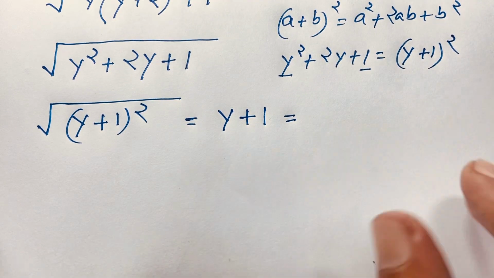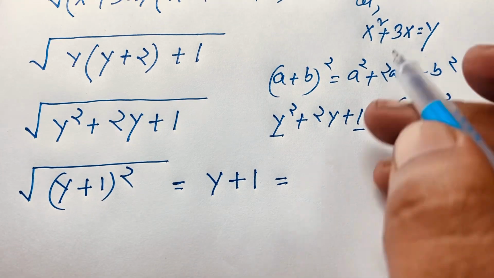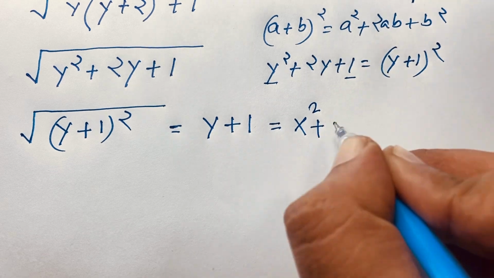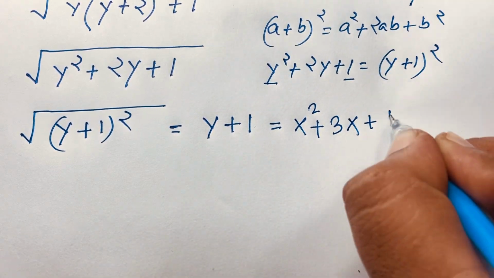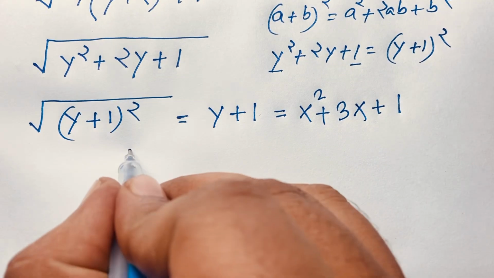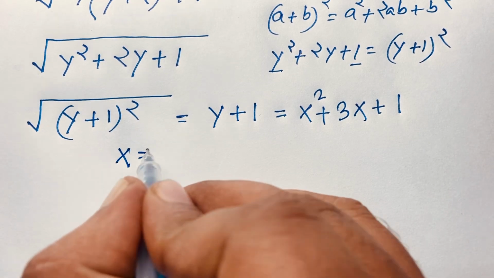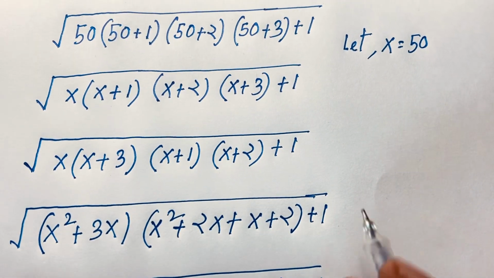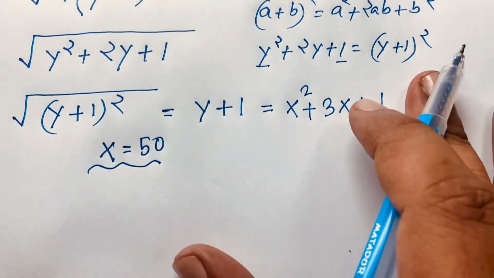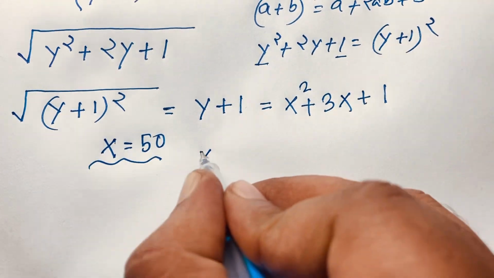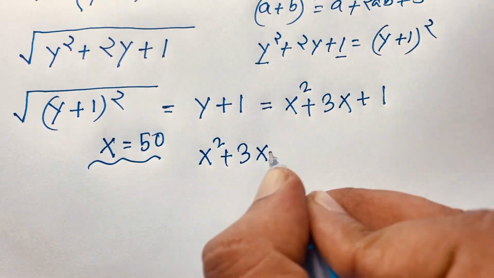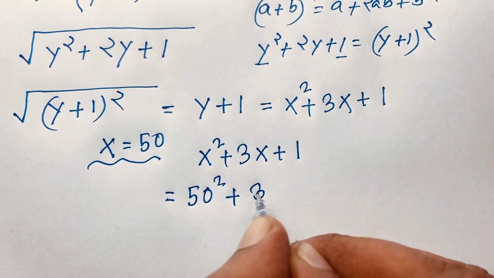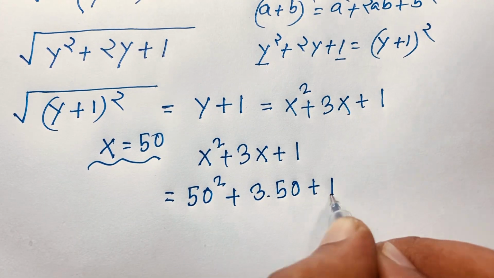Now, first of all we let y be equal to x square plus 3x, so it will be x square plus 3x plus 1. Now remember that we first let x be equal to 50. So it will be x square plus 3x plus 1, then 50 square plus 3 times 50 plus 1.